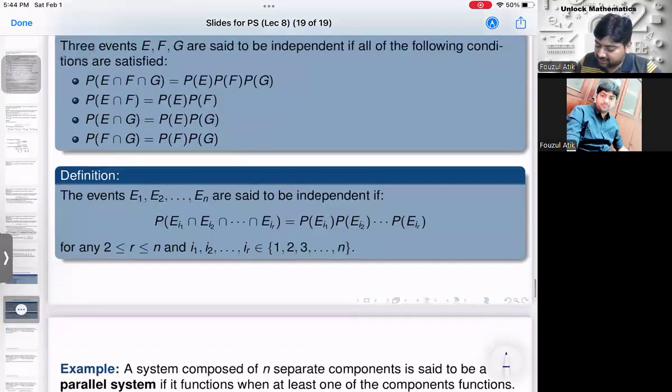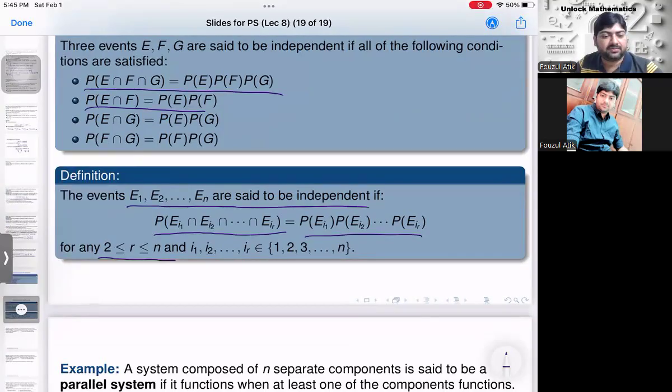So we have P of E_i1 intersection E_i2 intersection up to E_ir equal to the product of their individual probabilities, where 2 is less than or equal to r, which is less than or equal to n. You take all two combinations, all three combinations, all four combinations, up to all n combinations, and all should equal their individual product. Then we say that E1, E2, up to En are independent events.